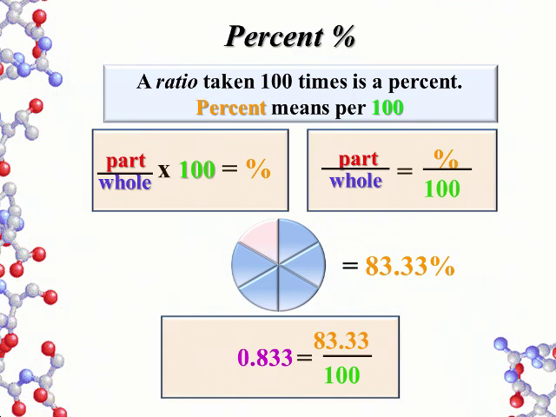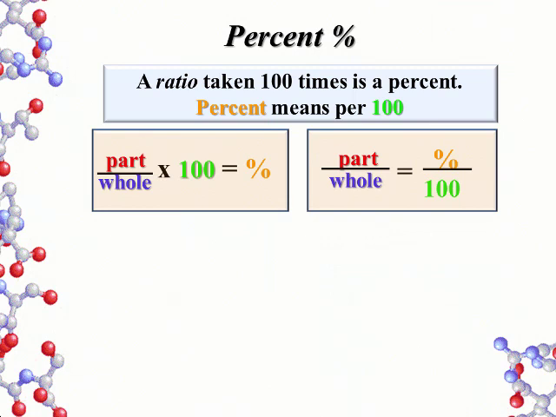And that is 0.833. That is the decimal form of the ratio. Decimal is an acceptable way of writing the ratio. Looking at the pie, we can see that 5/6 of the pie is blue. It should not be surprising that punching the ratio 5/6 into your calculator will get you 0.833.